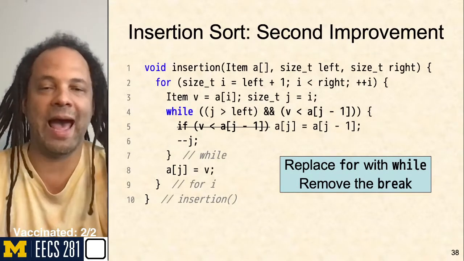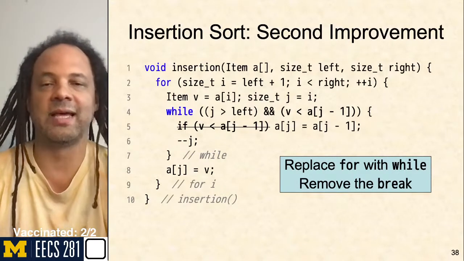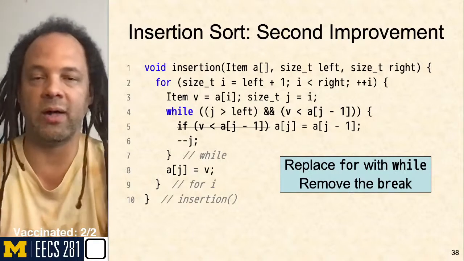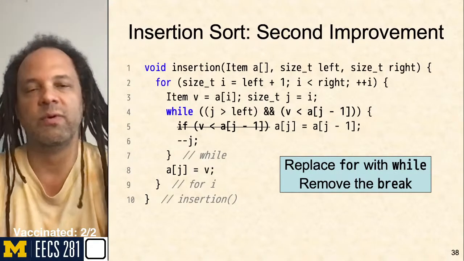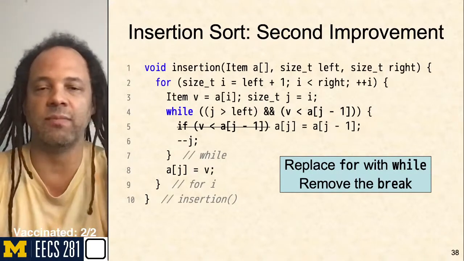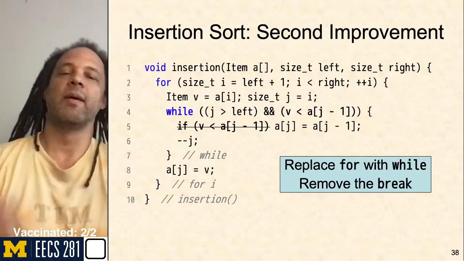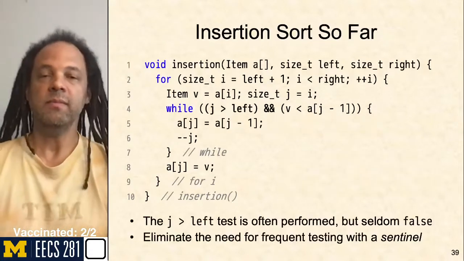So the break happens at the conditional check. Instead of having to go inside and break out, we just fail and don't go into the while. So that's all that's happened here. We've just refactored the existing slide. No improvements, but it does set up my improvement now.